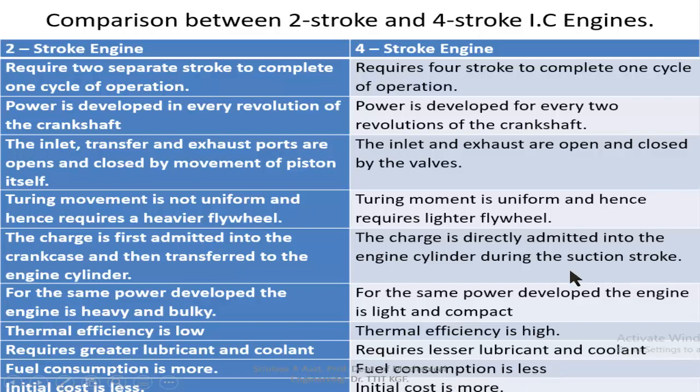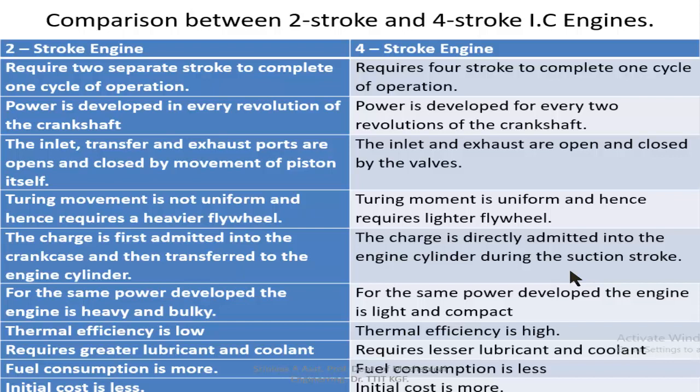This is about the difference between two-stroke engines and four-stroke engines, and this covers the theory part of IC engines. So in these classes, first we discussed some initial information about what an engine is, and next we discussed the classifications of IC engines.